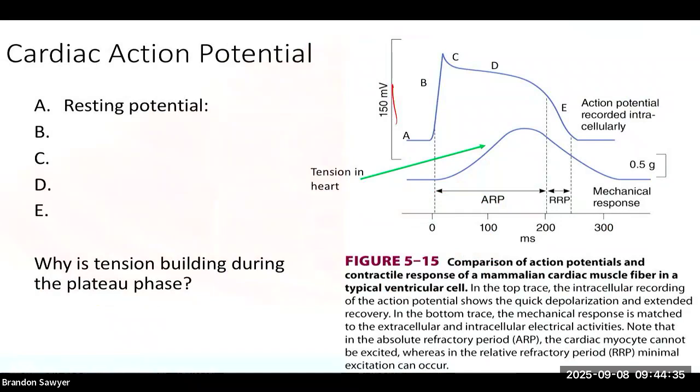When we look at this voltage graph here, we can see resting membrane potential is right here. We can see with B, we have a big depolarization. This big depolarization is in all cases where we're going to talk about this caused by sodium influx. So B is caused by sodium influx.